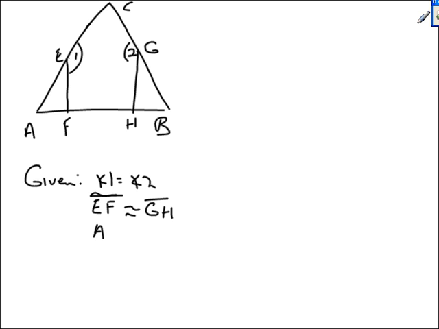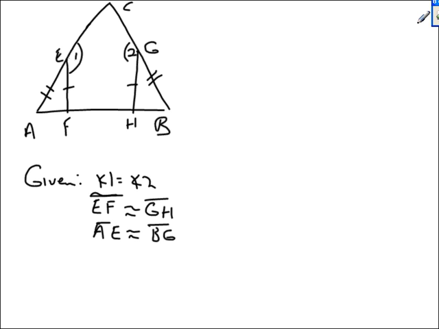And I guess you also need that AE and, well, let me do it the same here, BG. They're the same lengths. So, angle 1 equals angle 2, EF and GH are equal, and AE and BG are equal.